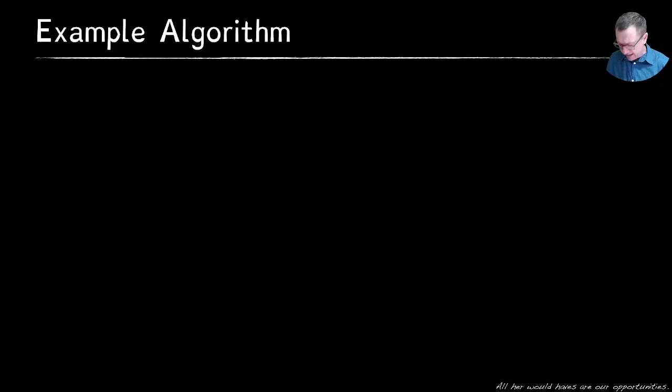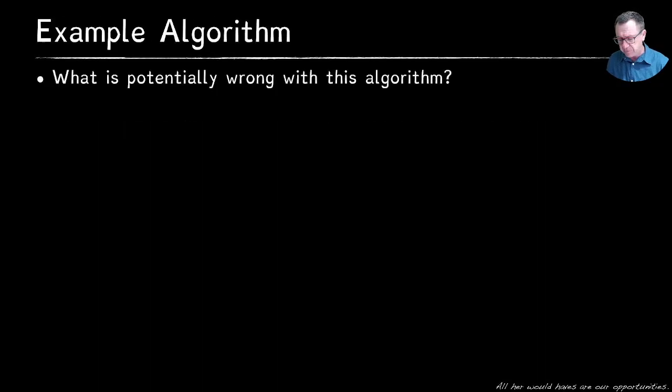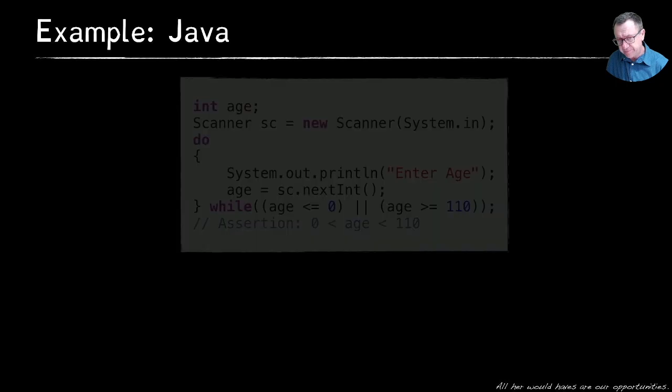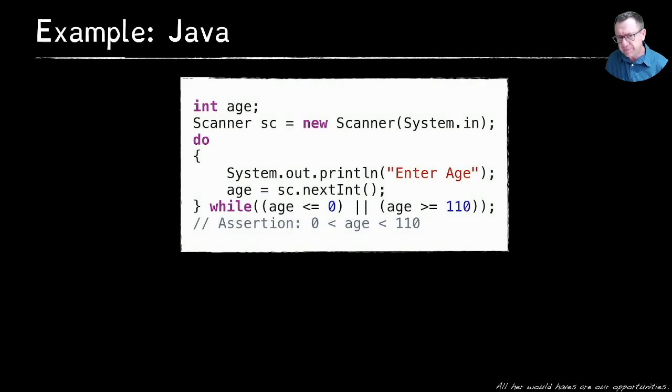Let's have a look at our algorithm example. What could potentially go wrong here? Think about it. Do input age, while age is less than or equal to 0, or age is greater than or equal to 110. Have a look. Here's our Java.